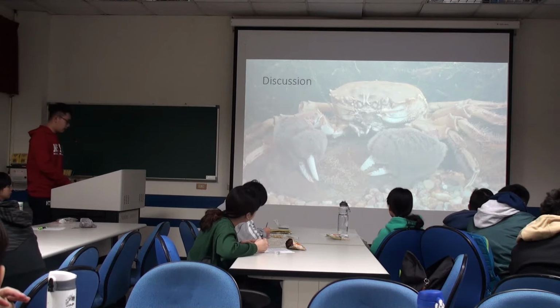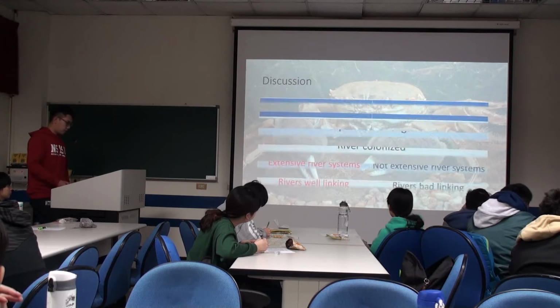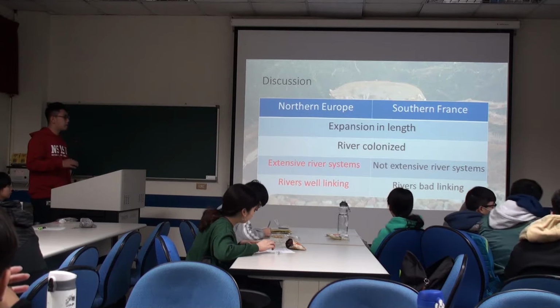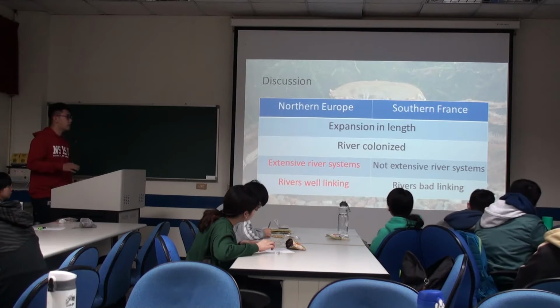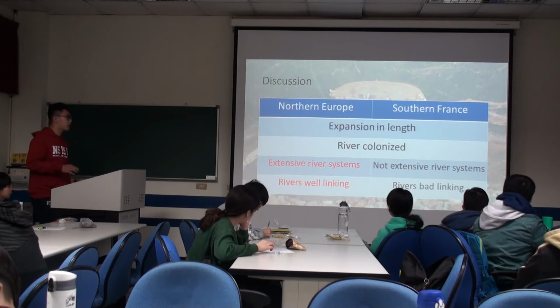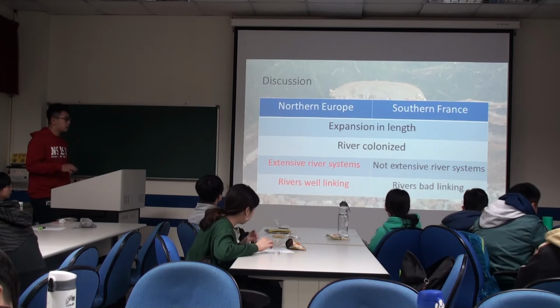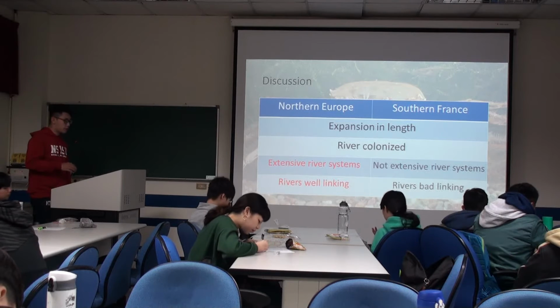Okay, let's talk about the discussion part. We can find that there is the same pattern of expansion in length and river colonized in two invasive events in Northern Europe and Southern France.